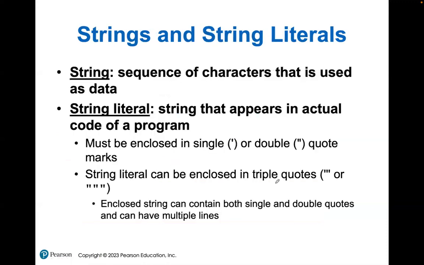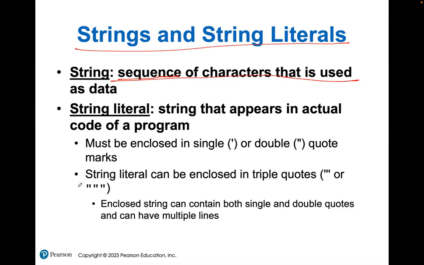All right, string and string literal. So now we are getting into data types and variables. A string is what we call a sequence of characters. So this whole thing is a string; everything that contains letters is a string. If you see characters on your screen, it is a string. Now, a string literal is a string that appears inside of your code.